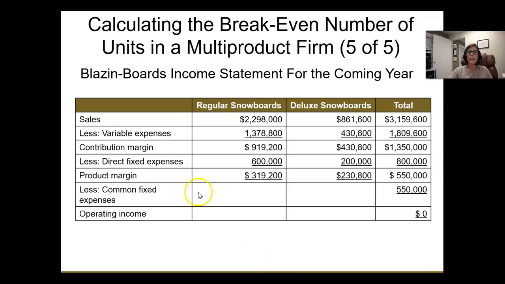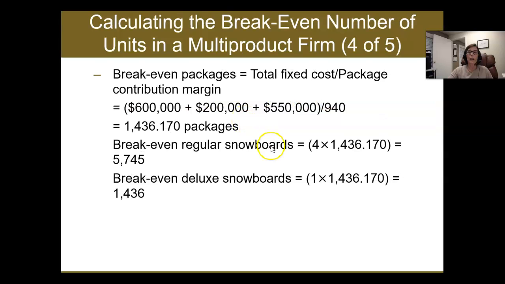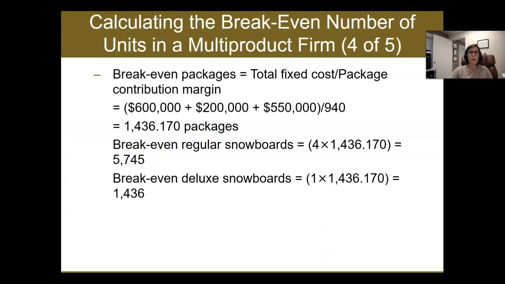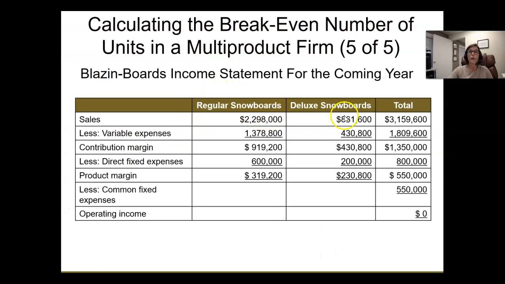So now we're going to take a look at our income statement and we're going to prove that we're right. We take the break-even number for each of those and we multiply those times the selling price, which was 400 and 600 respectively. And so that is our sales of the two different models, then totaled together.